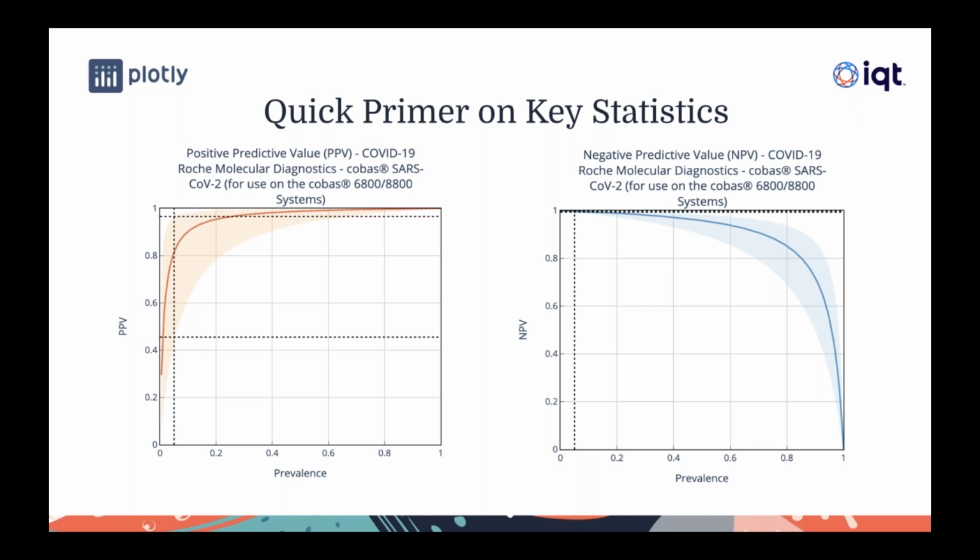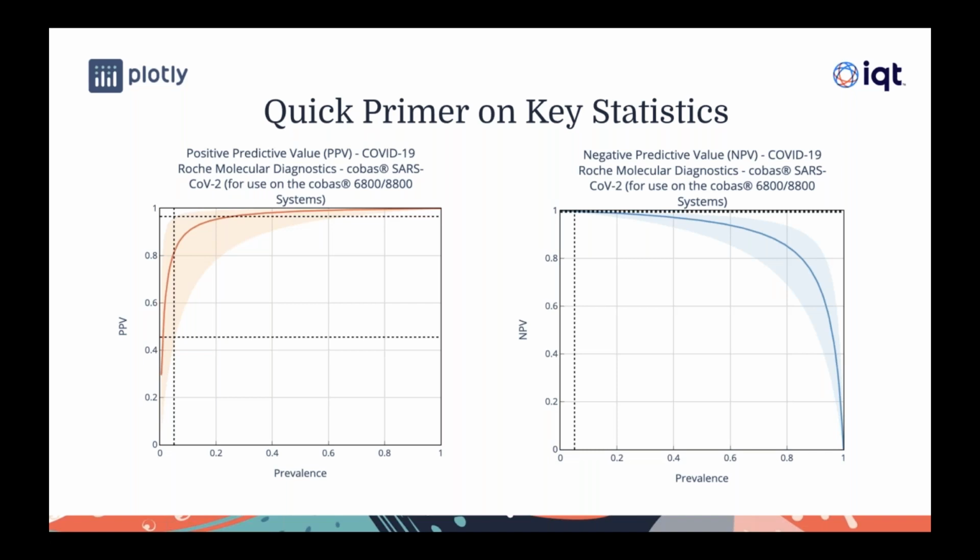So if you look at the left-hand side of that left-hand chart, what you'll see is that as the infection rate is really low, PPV is sitting probably around 0.5, which means you got a positive test. If I don't know anything else about you, about whether you have symptoms or anything like that, flip a coin. Maybe you have it, maybe you don't. But as the infection rate gets higher, PPV gets higher as well, very quickly actually.